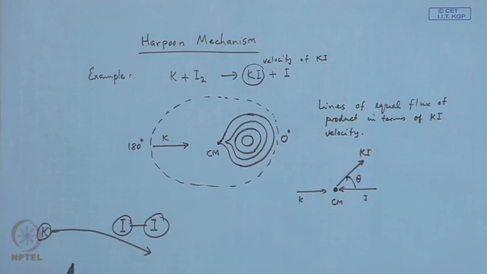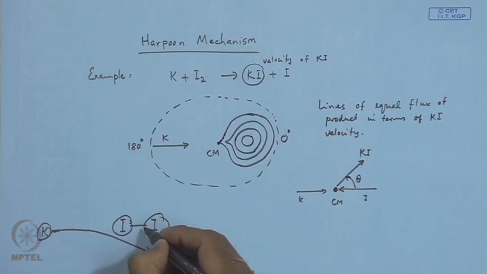So, it plucks the light atom from the other reactant, or maybe plucks one atom from the other reactant as it passes. Okay. And the newly formed diatom is forward scattered. So, newly formed diatom means this KI is forward scattered, and the other reactant, that is the reactant that is acting as a spectator, cannot do anything. So, it remains over there.